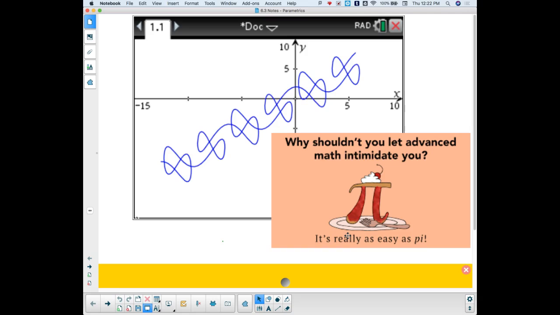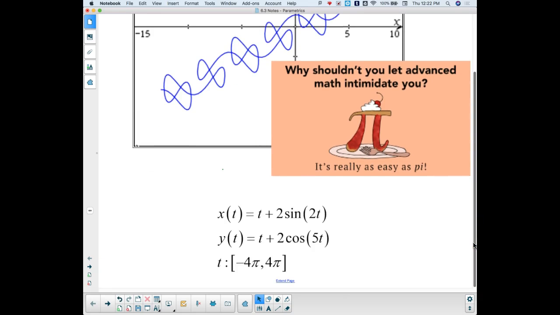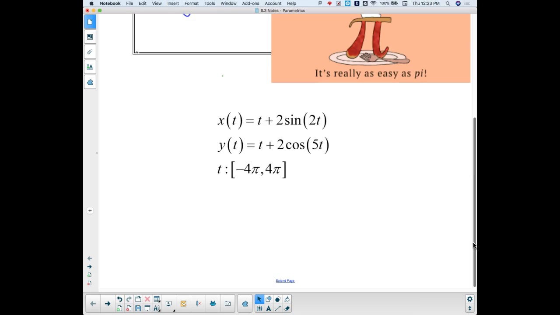A cubic would have a cubic term in it. We've also seen conic sections: parabolas, circles, ellipses, and hyperbolas. A new type of equation that we're going to see today is something called a parametric equation, and this right here is the equation for that graph that I just showed you.